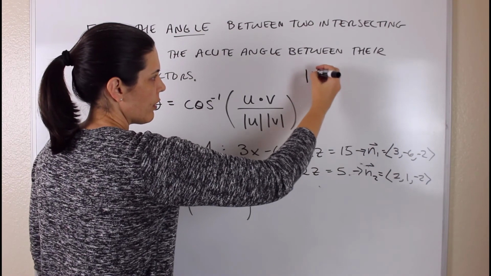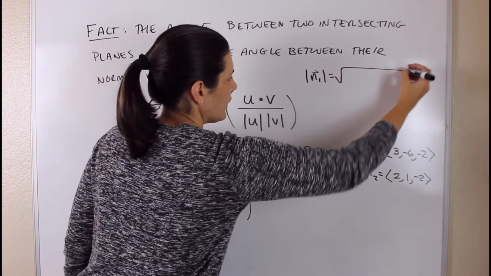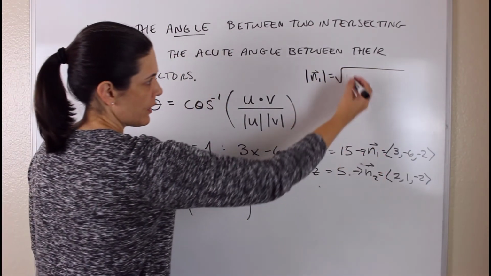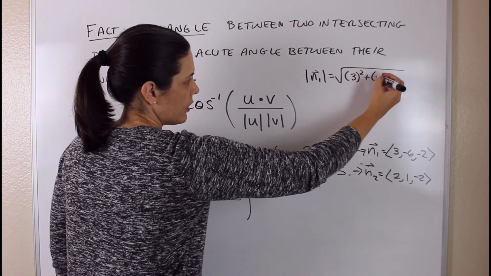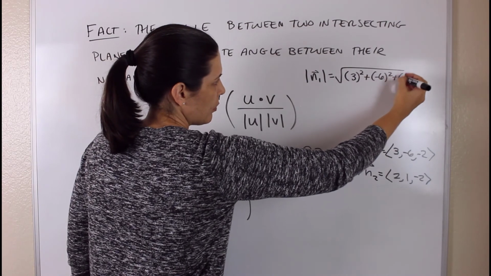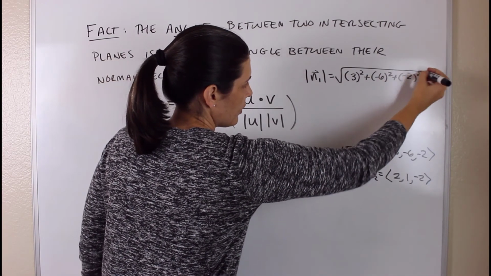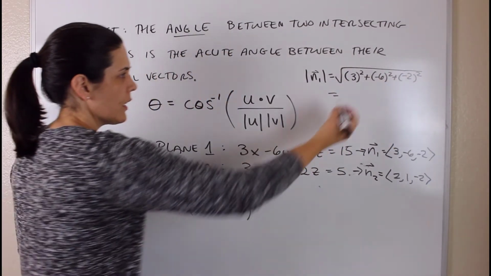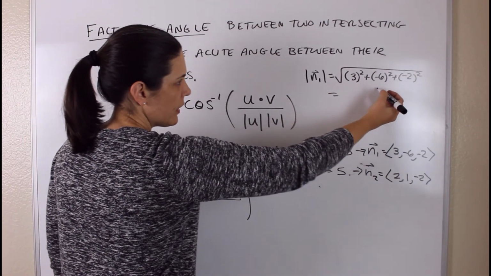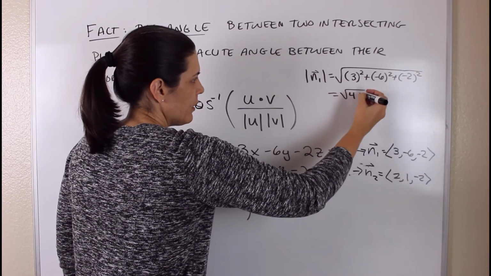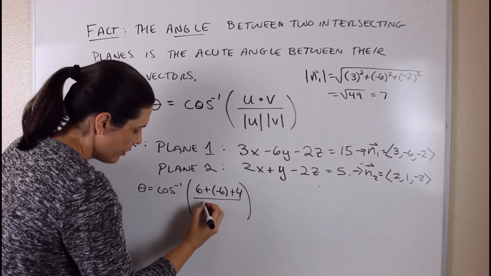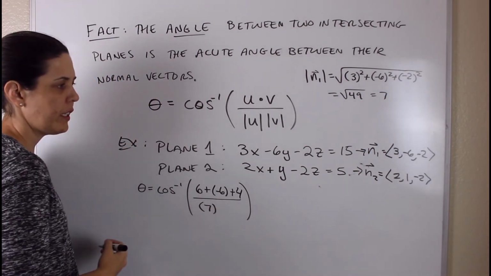On the bottom, I do need to calculate the magnitudes, so let me do that off to the side. The magnitude of n1 is the square root of 3 squared plus negative 6 squared plus negative 2 squared, which is 9 plus 36 plus 4. That's square root of 49, so we get 7 for the magnitude of our first vector.